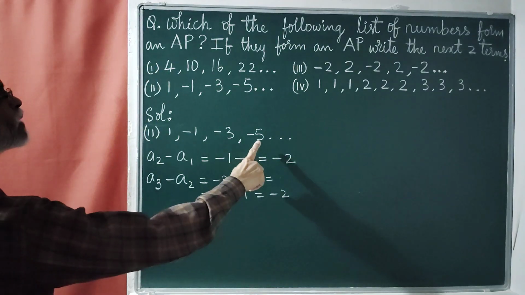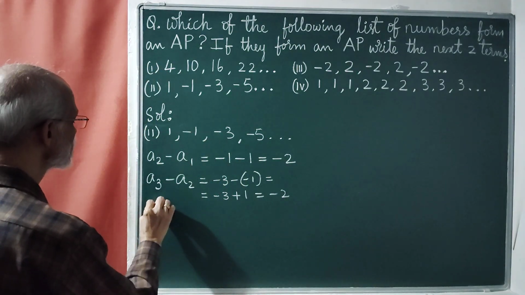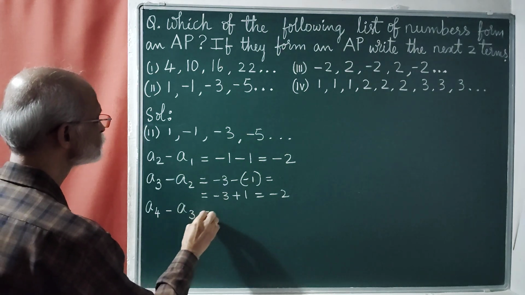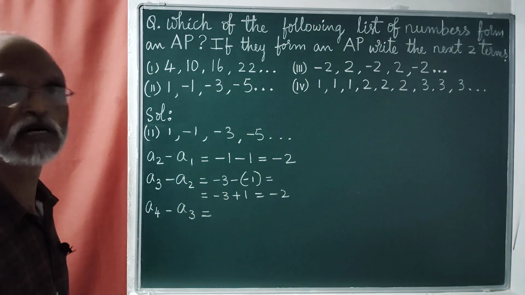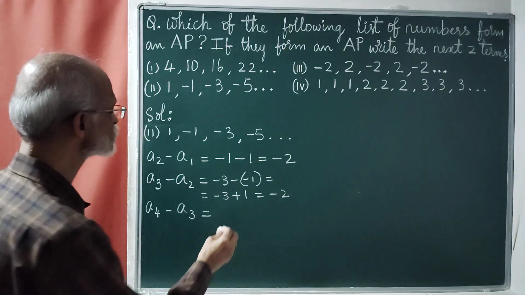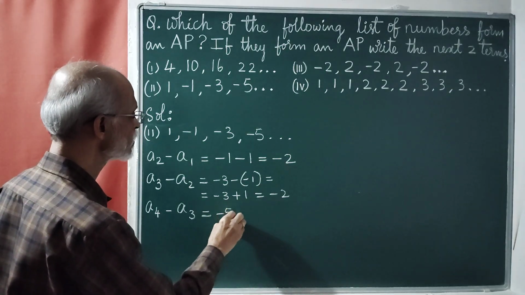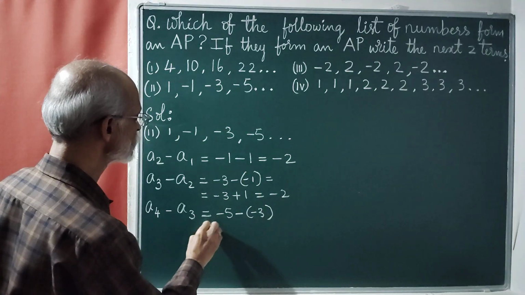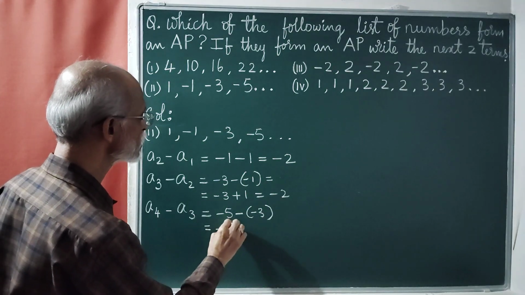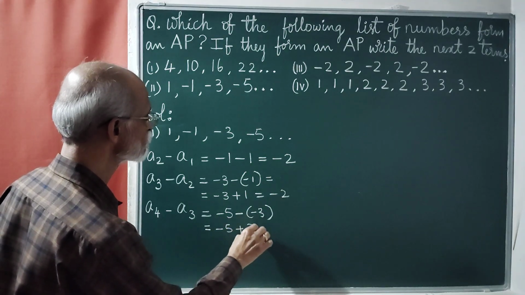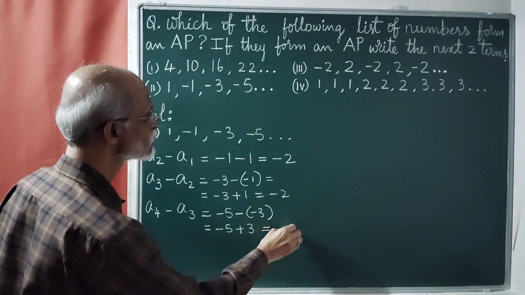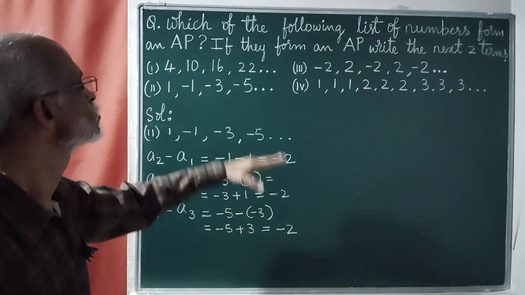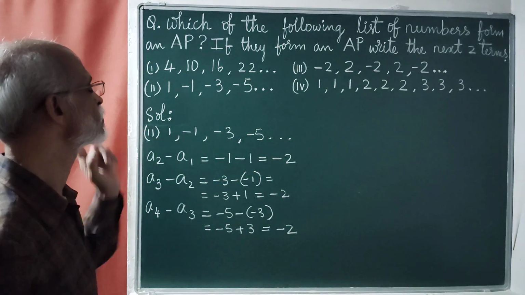Next, A4 minus A3. A4 is minus 5. Minus 5 minus of minus 3, that's equal to minus 5 plus 3. Here also I am getting minus 2. So there is a common difference between the terms. So this list forms an AP.